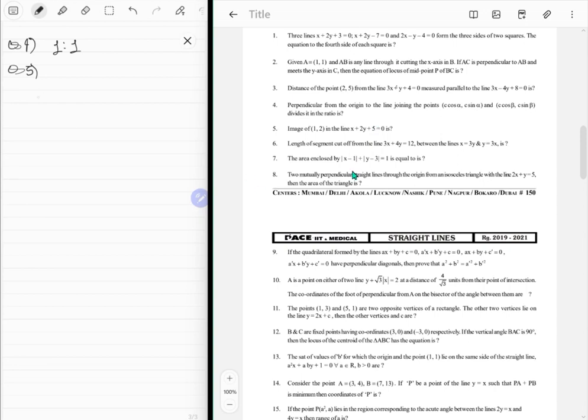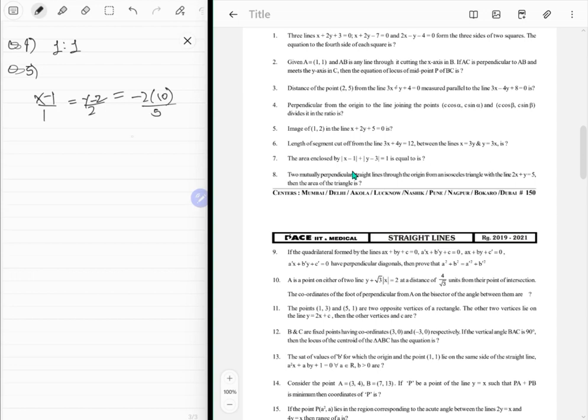So it's x minus 1 upon 1 equal to y minus 2 upon 2 equal to, so negative 2, right? Yes, negative 2 times of 1 plus 4 plus 5, which is 10 upon 5, because 2 square plus 1, that's 5.